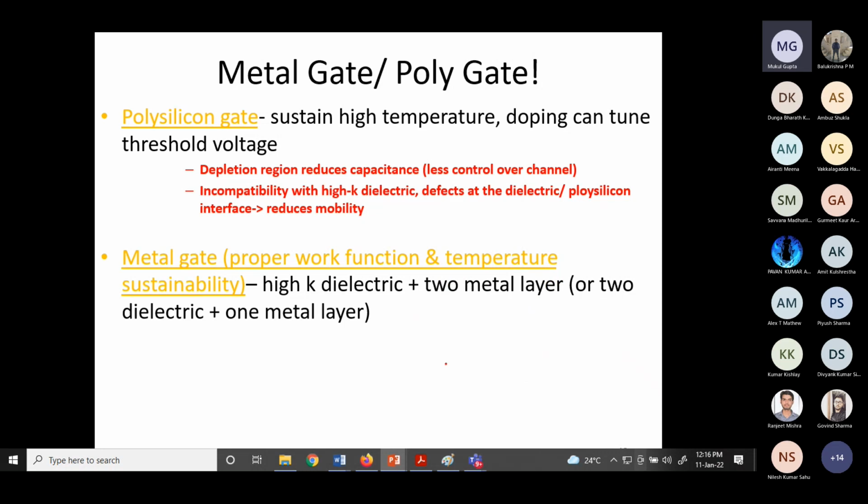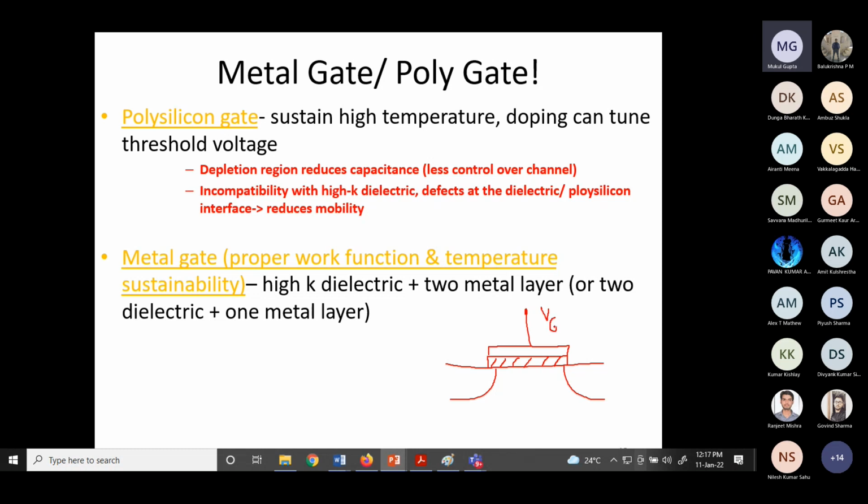My drawing will be even worse today, but this is my gate oxide, and this is my polysilicon, and I am applying a voltage Vg or Vgs here.